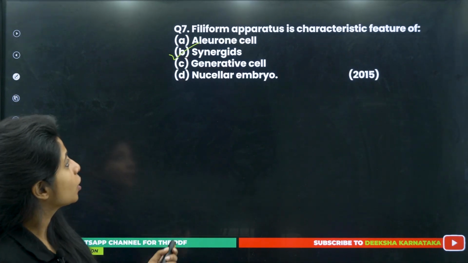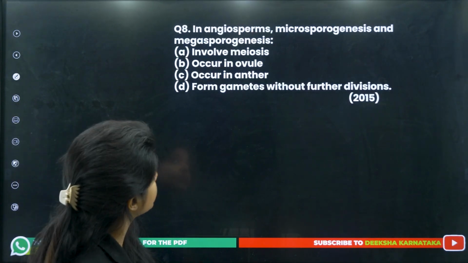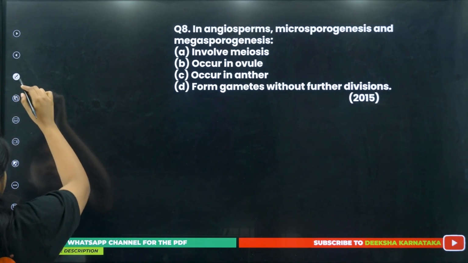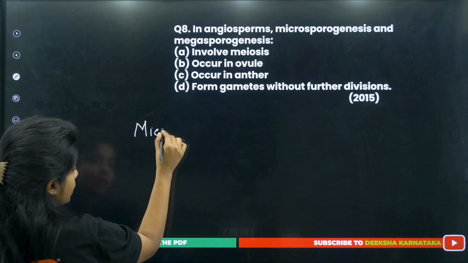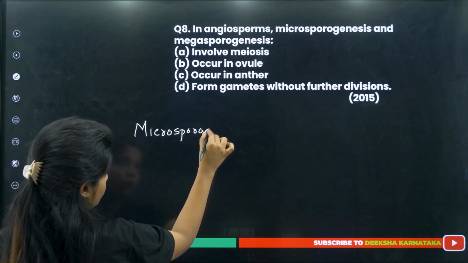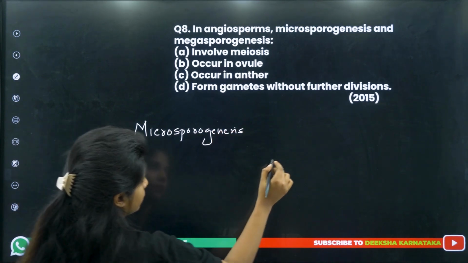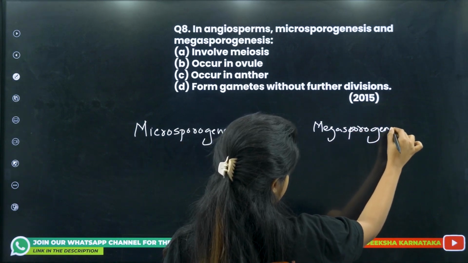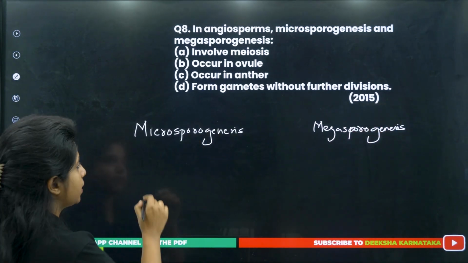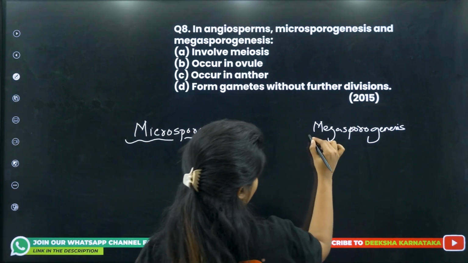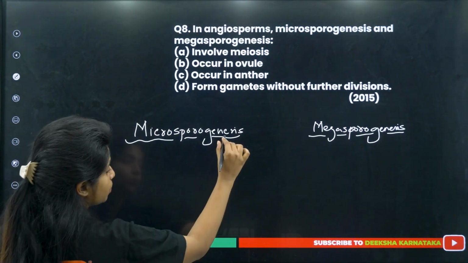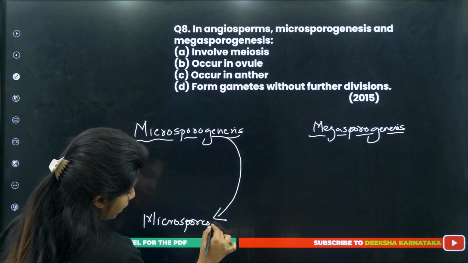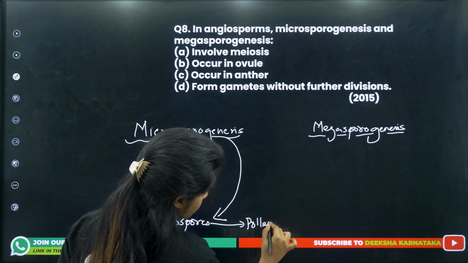2015 question. Going ahead. In angiosperms, microsporogenesis and megasporogenesis involve meiosis. What do you mean by microsporogenesis and megasporogenesis? Microsporogenesis means at the end you need microspores, which will be forming the pollen grains.